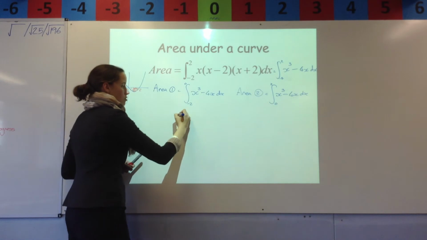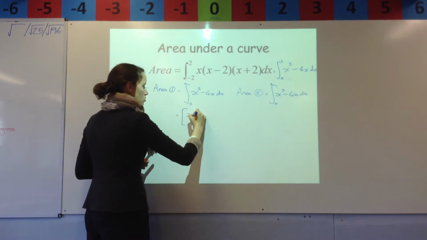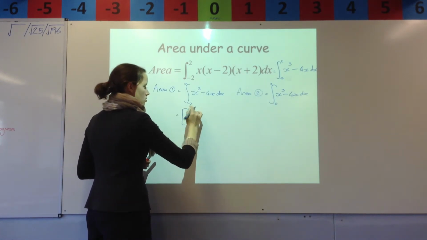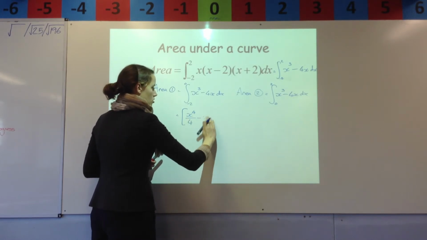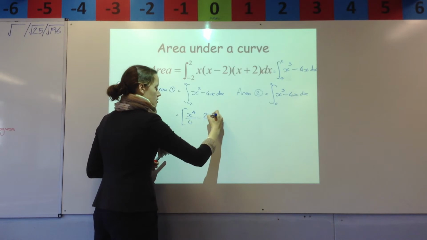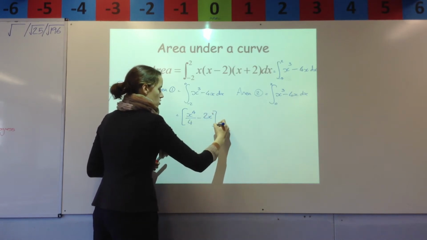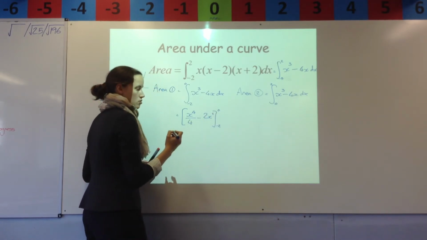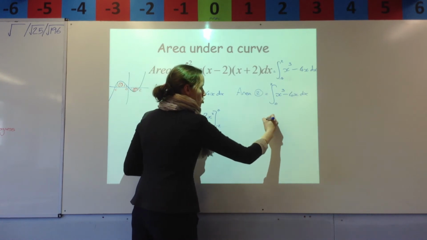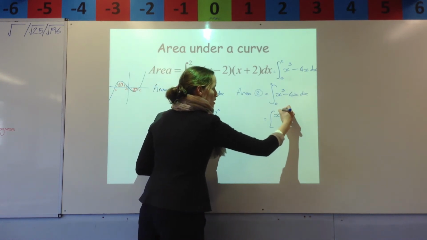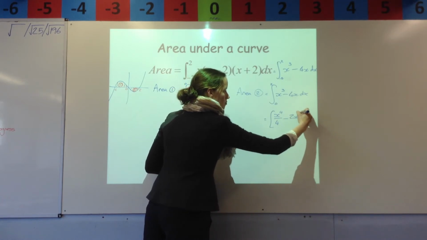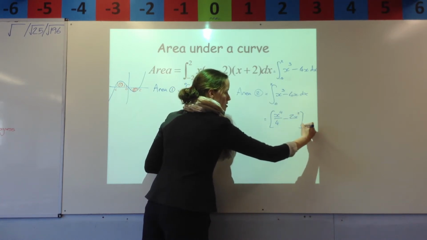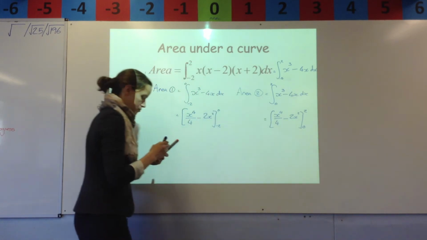Okay, so we need to do our integration. It's going to jump straight to what we know it already is, x to the power of 4 over 4, minus 2x squared, and that's going to be from -2 up to 0. And the area of 2 is the same thing, and the only difference is the limits, 0 up to 2.